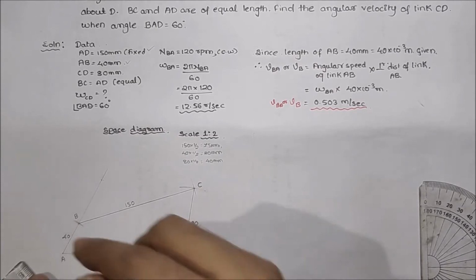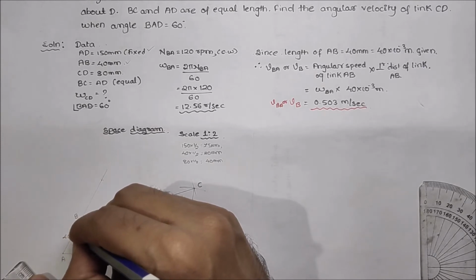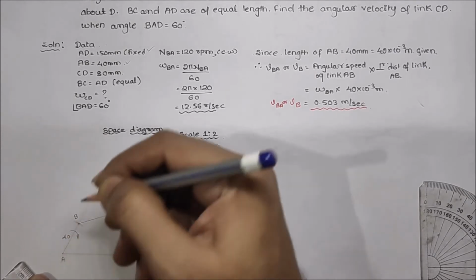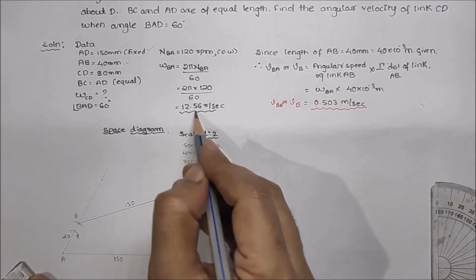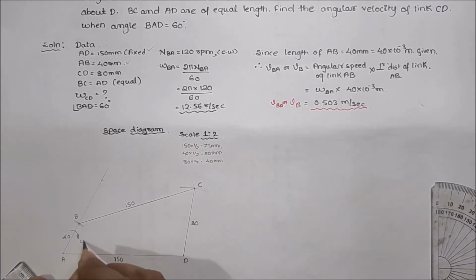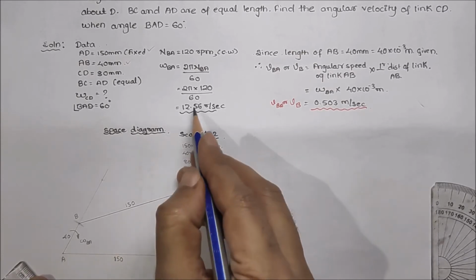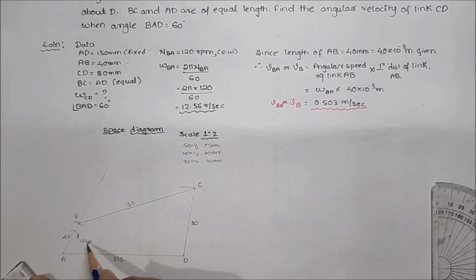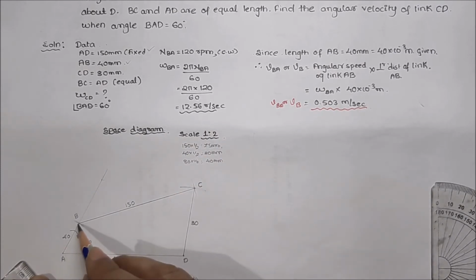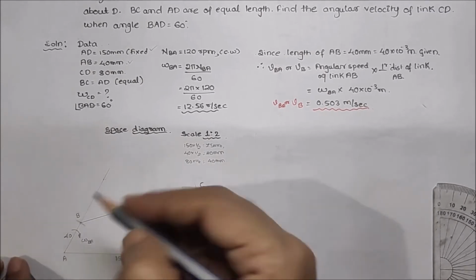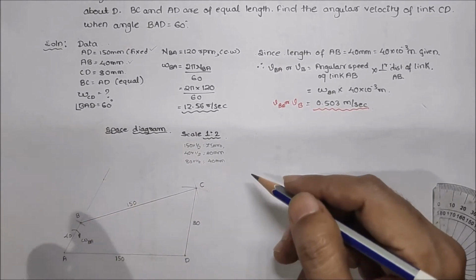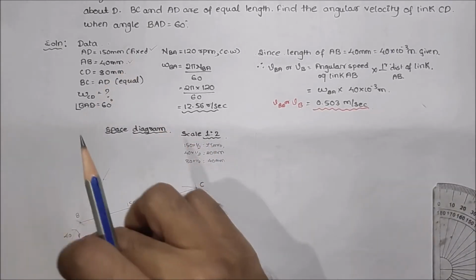Then here as mentioned, there is an angular speed of link AB, that is 12.56 radians per second. That is angular speed of link B with respect to A. So we write it as B then A, and the direction of this velocity is perpendicular to this link.